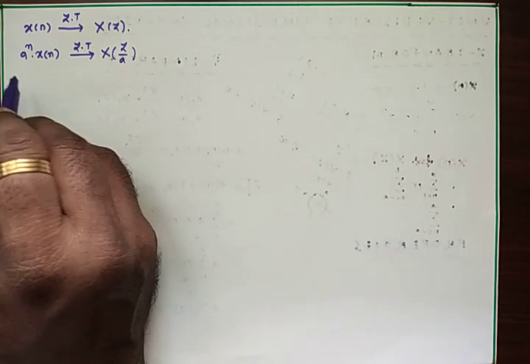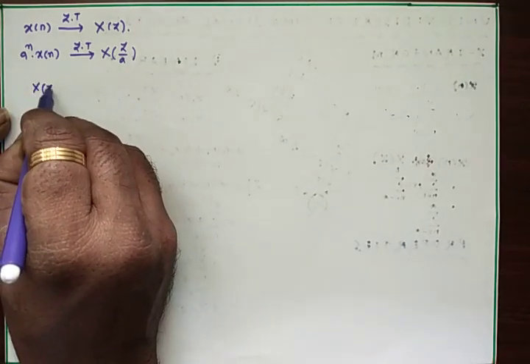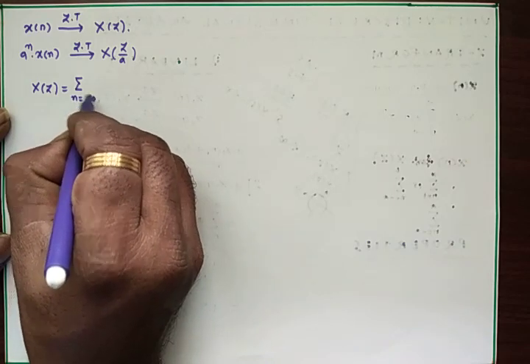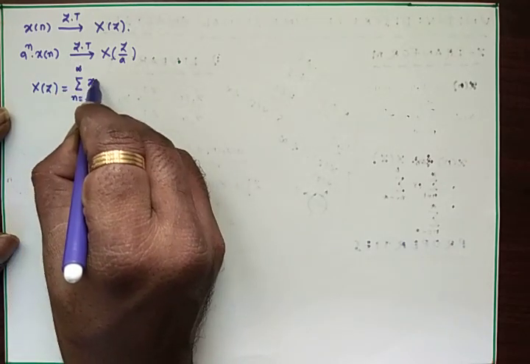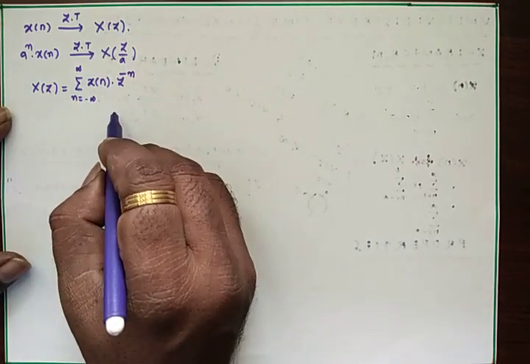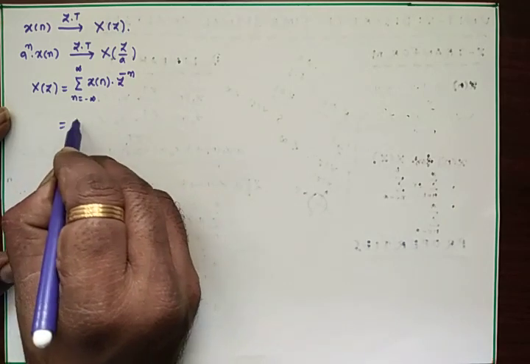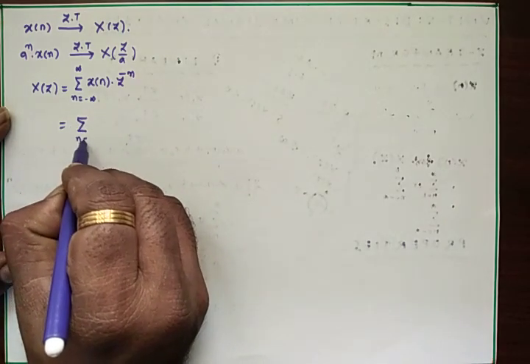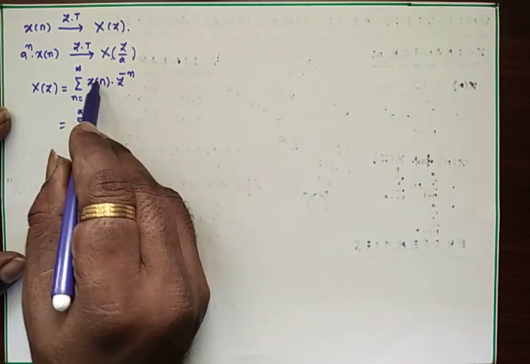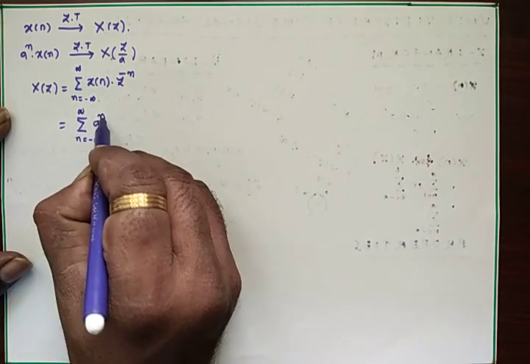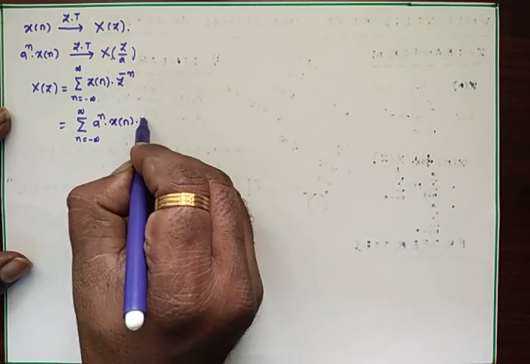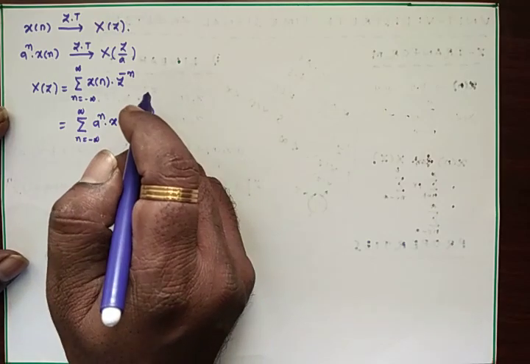Now the proof. x of z is equals to, what is the formula? Sigma n equals minus infinity to plus infinity x of n into z to the power of minus n. But in place of x of n, we have a to the power of n into x of n into z to the power of minus n.